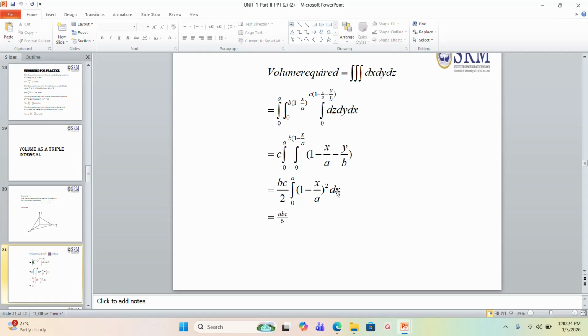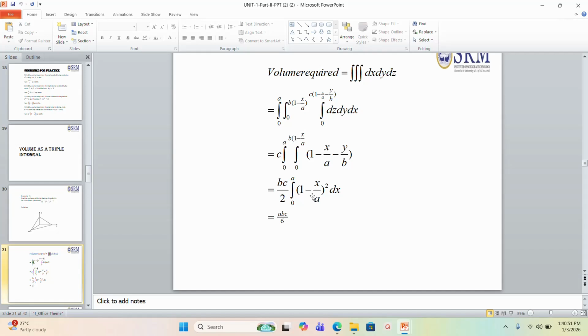There are two steps we can follow. This we can expand as a minus x whole square, that is a square plus x square minus 2ax, or else multiply 1 minus x by a into 1 minus x by a. Twice also we can multiply and integrate. And one more thing, normally what is the integration of x square? x cube by 3.